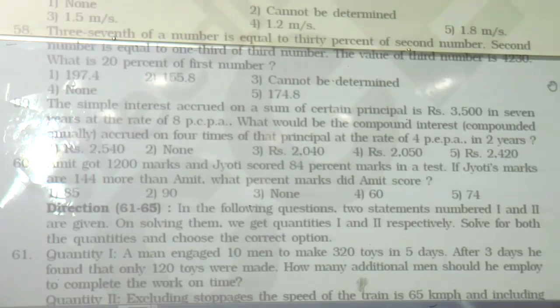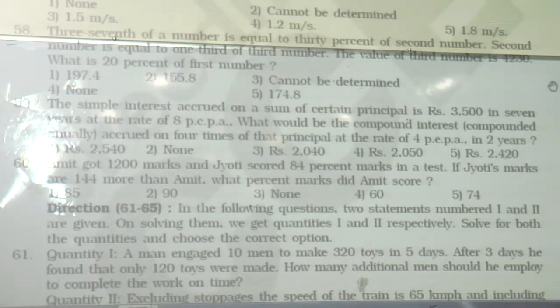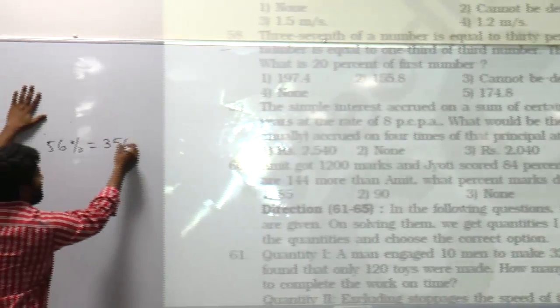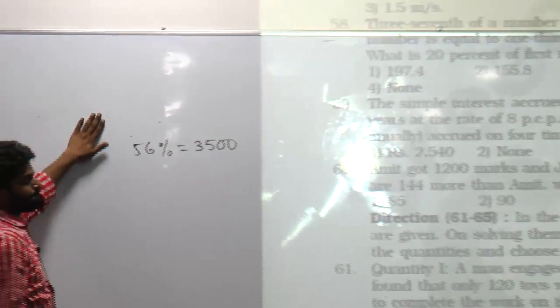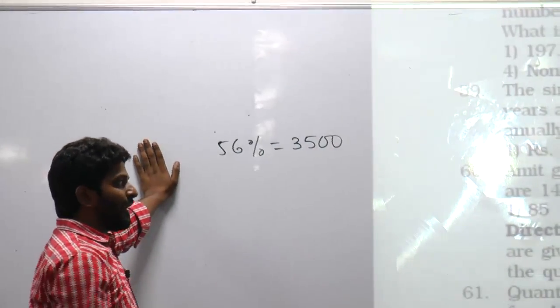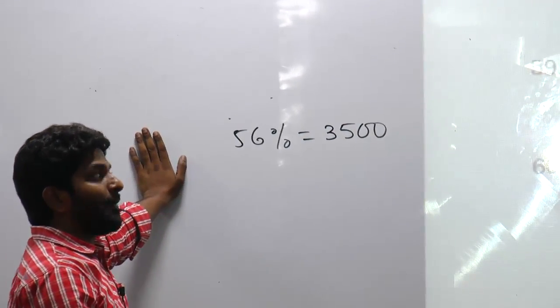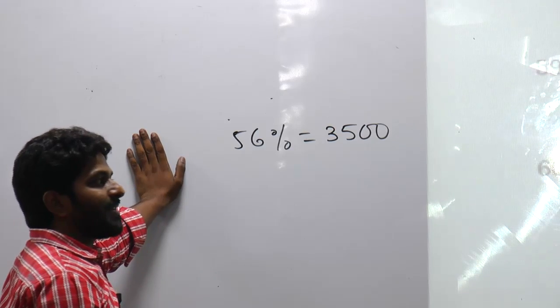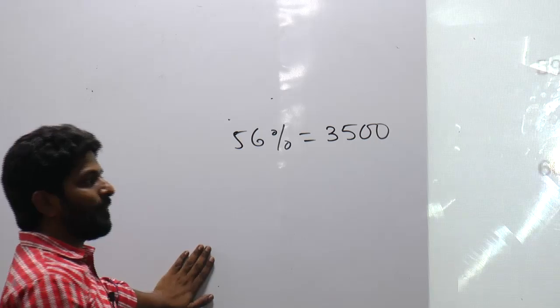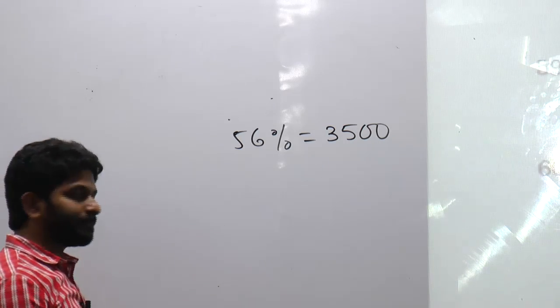Simple interest in terms of percentage is 56%, and in terms of rupees it is 3500. What would be the compound interest, compounded annually, on 4 times that principal at the rate of 4% per annum in 2 years?